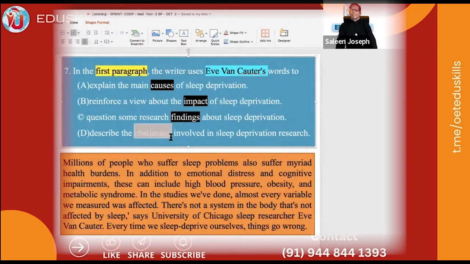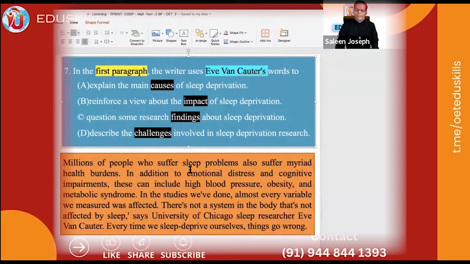Challenges. See, these are different concepts: cause, impact, findings, challenges. Four things. As you read or listen, you understand the nature of the language, so you know whether the writer uses those words to speak about cause and effect, impact, findings, or challenges.